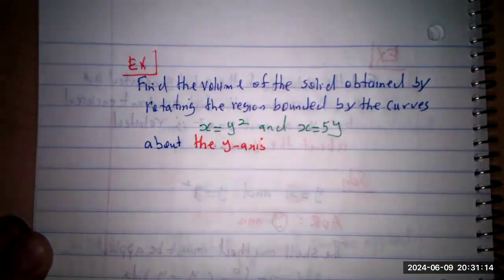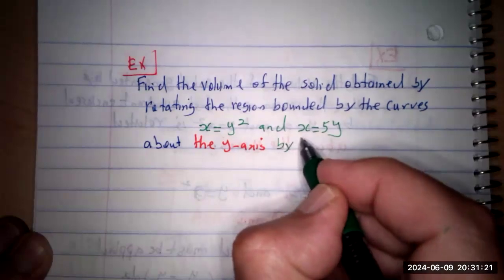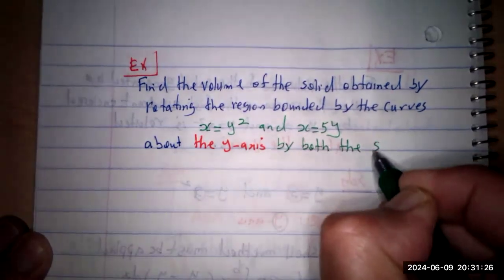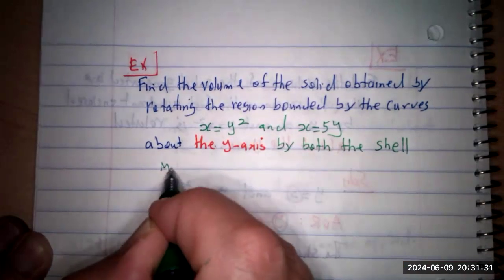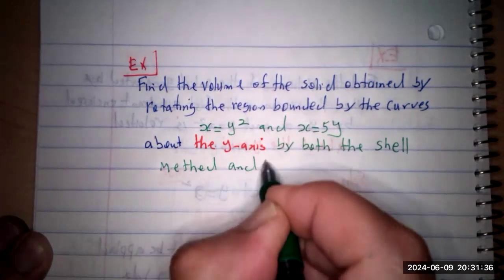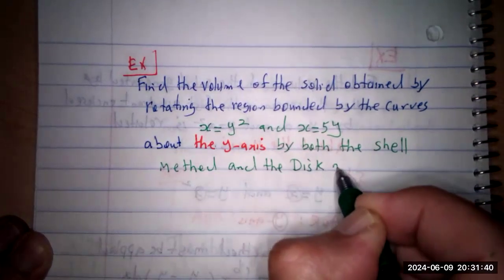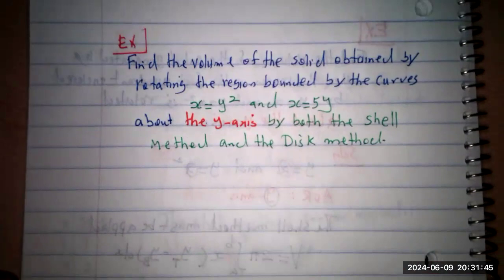Now what we'd like to do, and that's the fun part, is to do it by both methods, the shell method and the disk method. That would be fun, to do it using two different methods. Of course, we should arrive at the same answer.